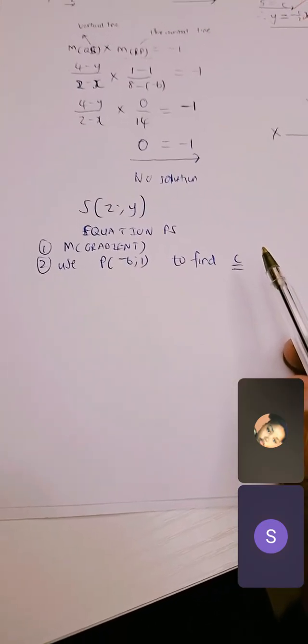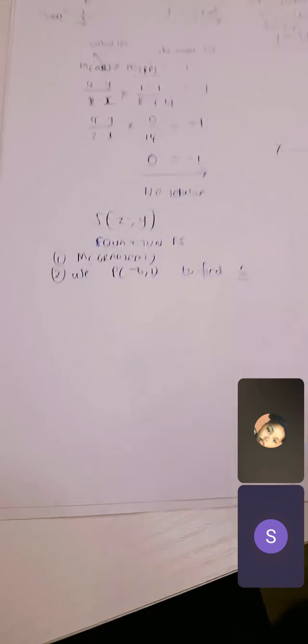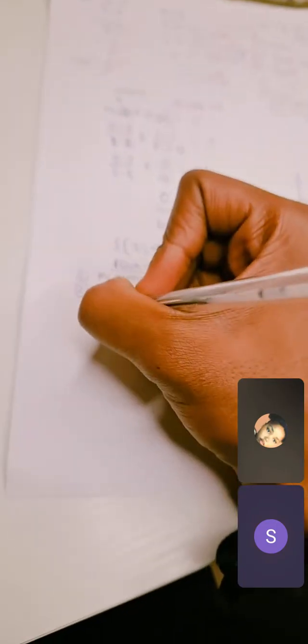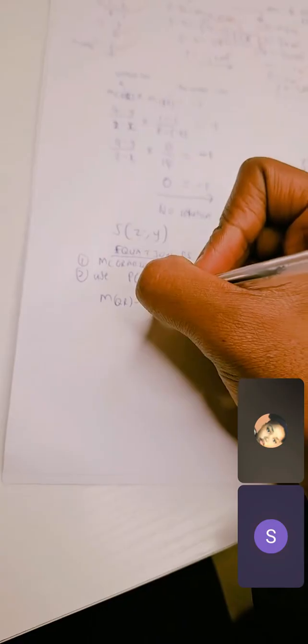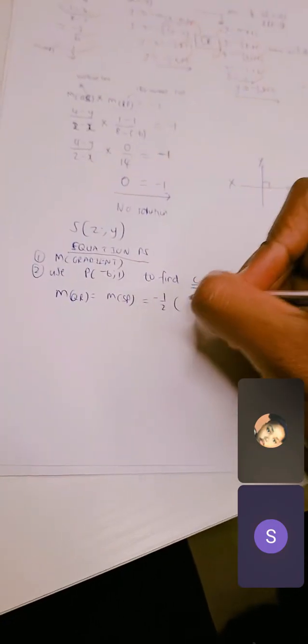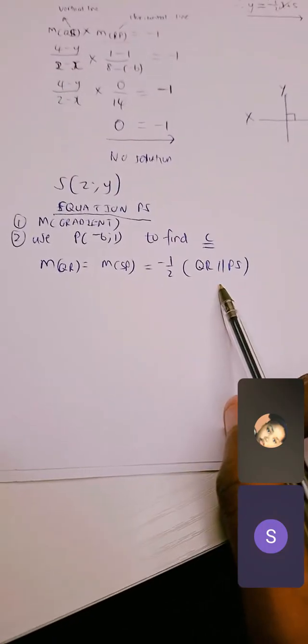We can find the equation of SP because we know that the gradient of QR is equal to the gradient of SP, which is equal to -half. Why do we say so? It's because QR is parallel to PS, and that is something that is given to us already.